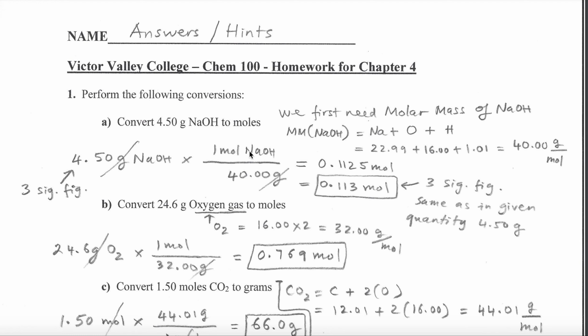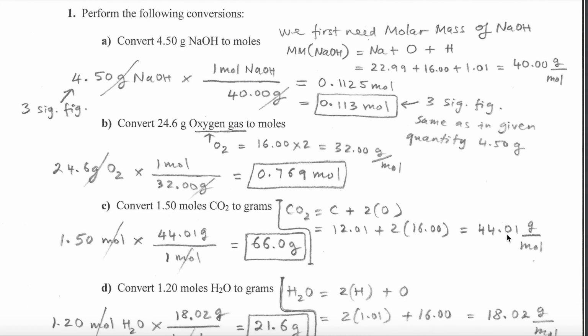Grams cancel out. We got 0.1125 moles. That's what it shows in the calculator. But because we've got to be consistent with significant figures, we should round it to 0.113 moles, same as in the given quantity: 4.50, 3 sig figs. Okay, that's the first one.